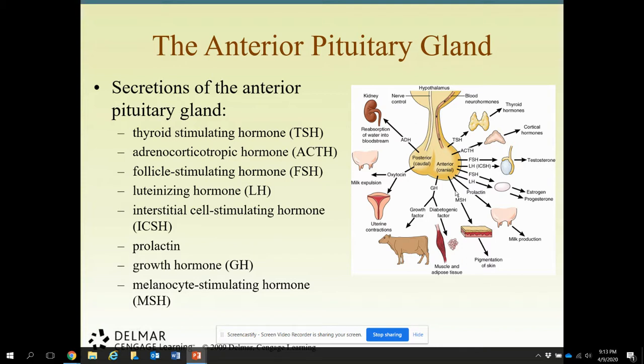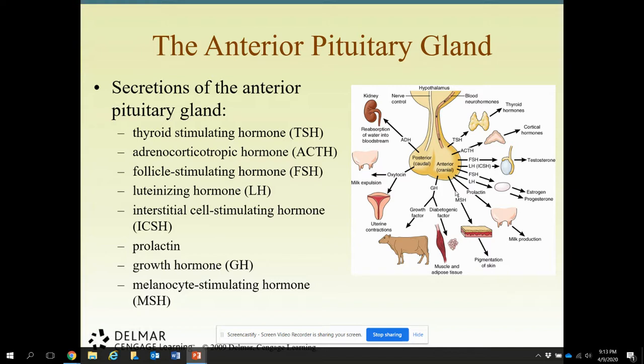Luteinizing hormone also works with the ovaries and during ovulation. The interstitial cell stimulating hormone works with the testes and testosterone. Prolactin works with milk production there. And the growth hormone works on growth factors and developing of muscular and adipose tissue.